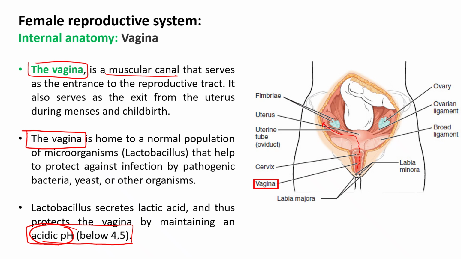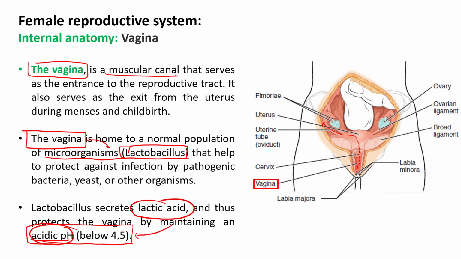Now, what keeps this vaginal canal acidic is that within the vagina there are normal microorganisms called lactobacillus. They're good bacteria that produce lactic acid, which maintains the acidic pH of the vagina.